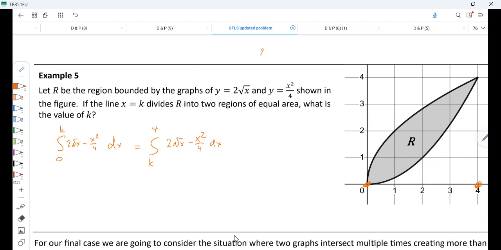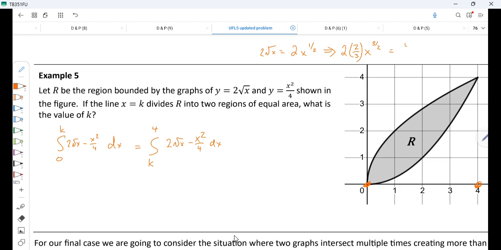So 2 square root of x is 2x to the 1/2 power, which means when we integrate, this is not good notation up at the top. I drew an arrow, so I'm not saying these things are equal. But when we integrate, we have to make that x to the 3/2, and we have to take the 2 and multiply it by the reciprocal of that.